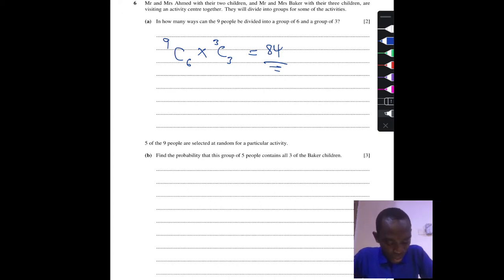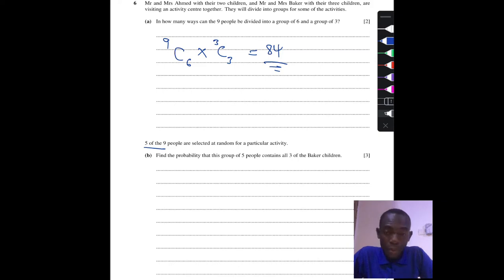Now, the B part of the question says 5 of the 9 people are selected at random for a particular activity. Find the probability that this group of 5 people contain all 3 of the Baker children. All 3 of the Baker children.